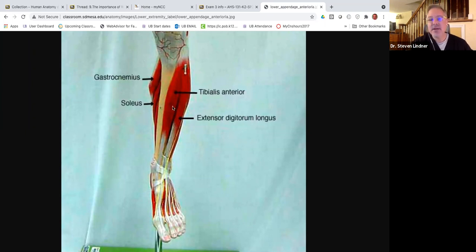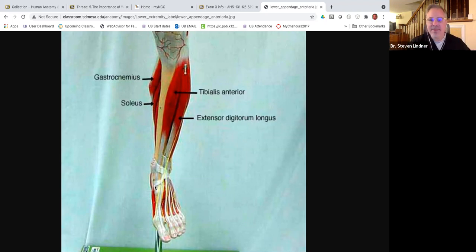But since the muscle also inserts on the inside of the foot, the other two actions of the foot are what we call inversion and eversion. There's inversion of the foot, and then there's eversion of the foot.